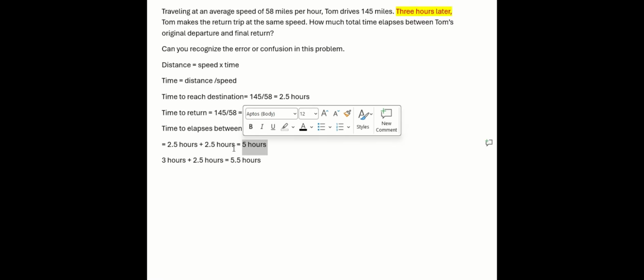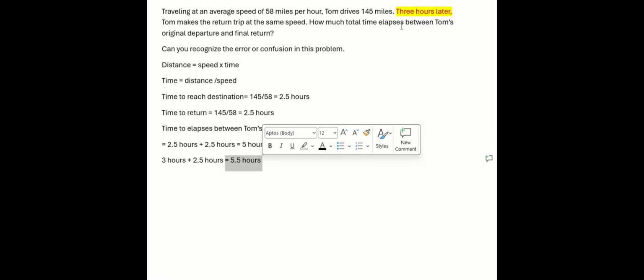To make sure we get the correct answer, we just use the formula distance equals speed times time, and time equals distance divided by speed, to calculate the time to reach the destination and the time to return, and then add them up. We have a total time to go forward and backward of 5 hours instead of the 5.5 hours suggested in the problem.